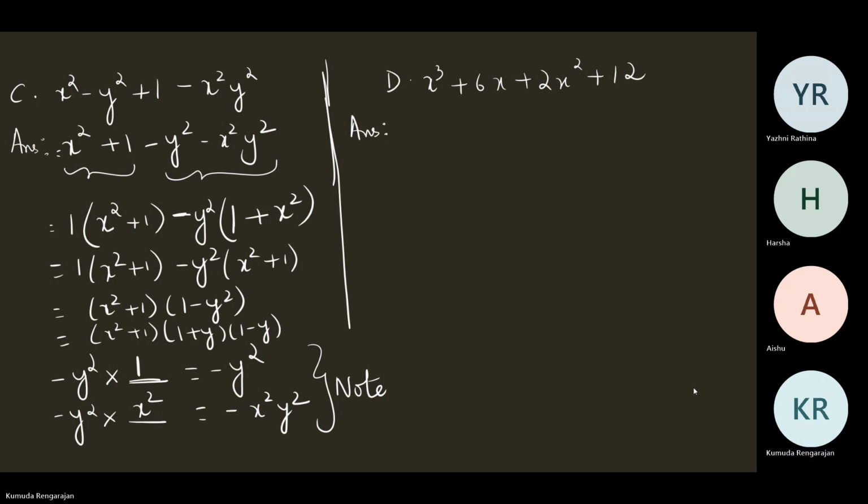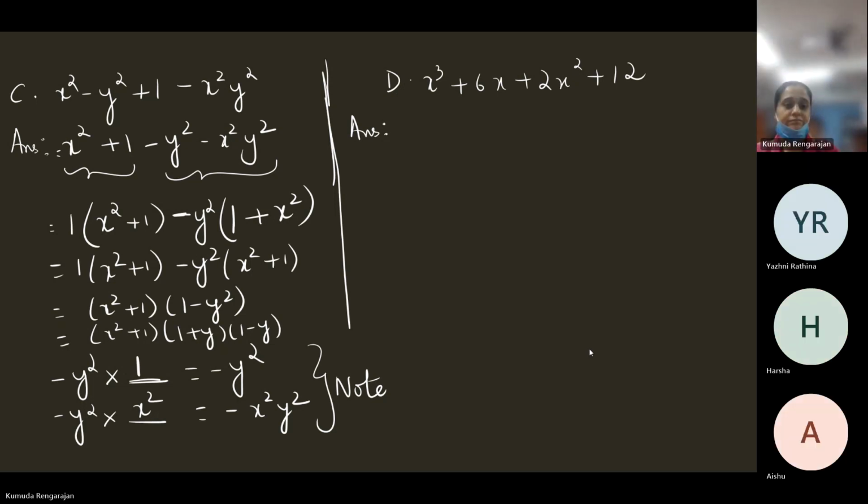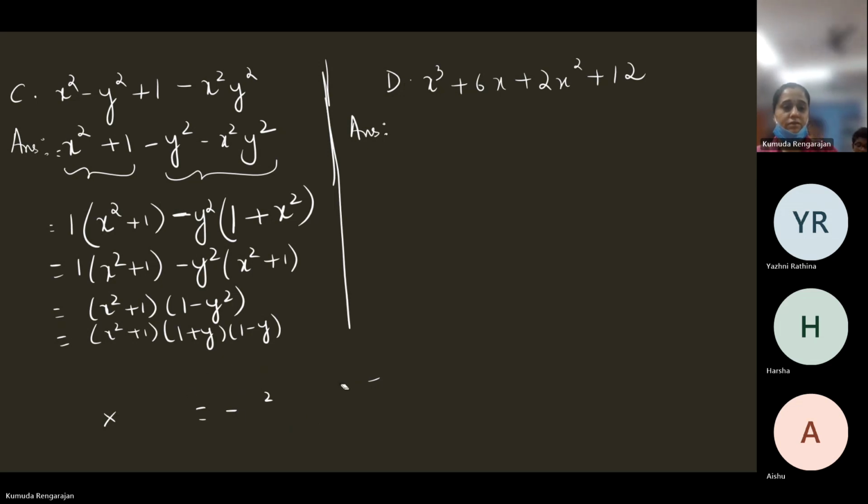Finish writing? Yes. Yeah, so see here, this identity 1 minus y square is like 1 the whole square minus y the whole square.